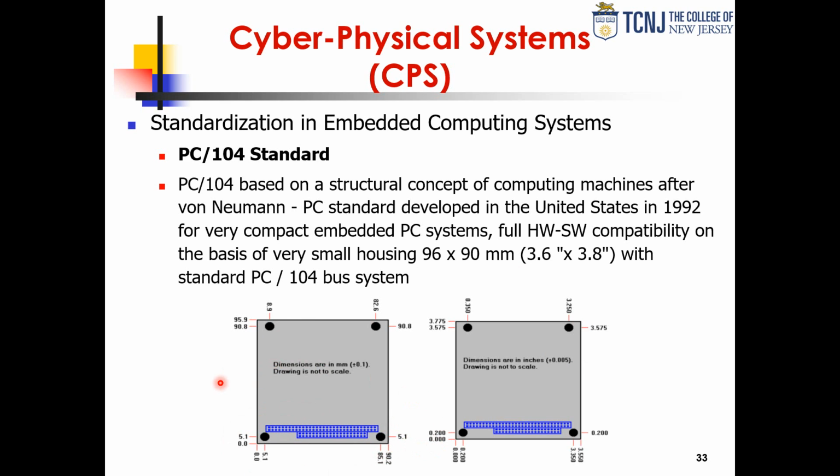As a computing platform for embedded systems with the same characteristics of the PC, to leverage code development that had been done for the PC for the last few years. So this was only about 4 by 4 inches in size, okay?